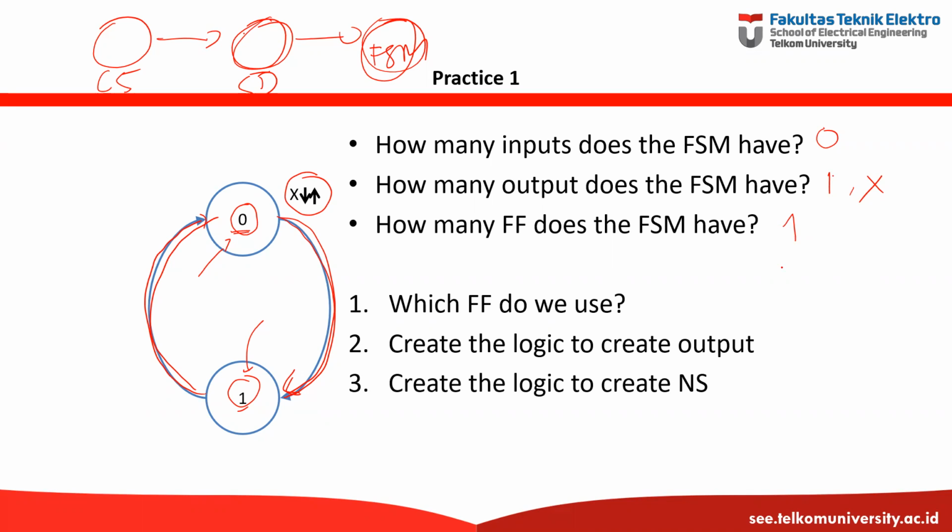Now, after this, we can start to create the FSM, starting with which flip-flop do we use. Is it a data flip-flop, a toggle flip-flop, or a JK flip-flop? Then create the logic to create the output, and then create the next state combinational logic.